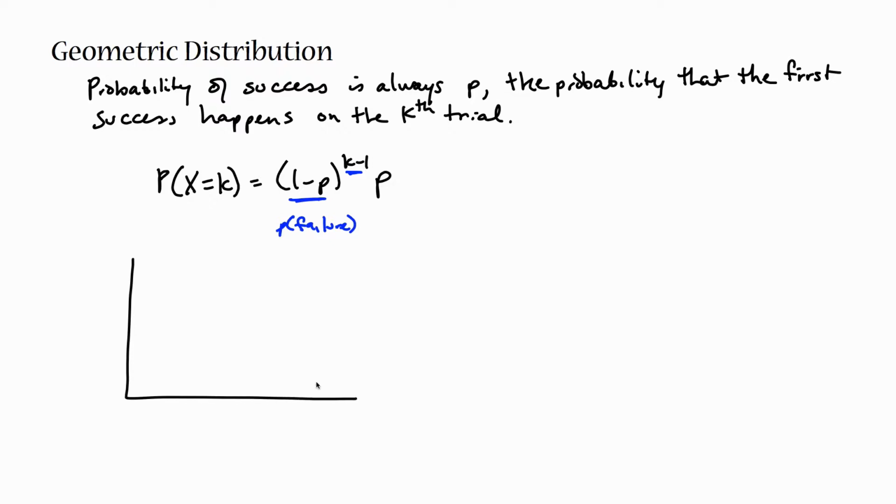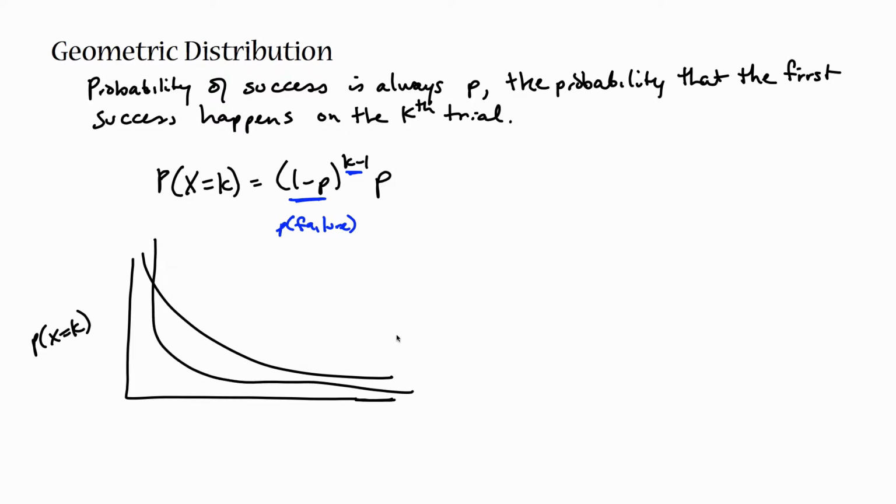So those distributions, P(X equals k), they tend to look like this, right? For any given value of p, for any probability of success, you're more likely to have your first success early than you are to have your first success late. And the steepness of this curve is going to depend on the probability of success. So if your probability of success is high, like say it's 0.8, then most likely you're going to have your first success early on.